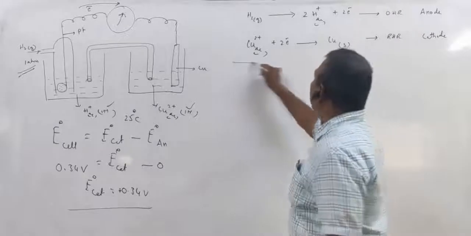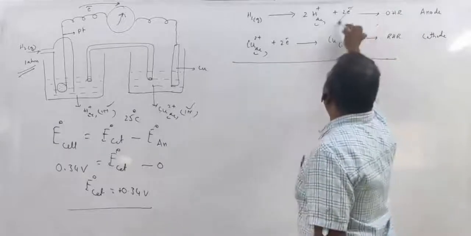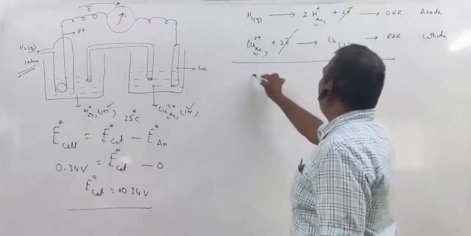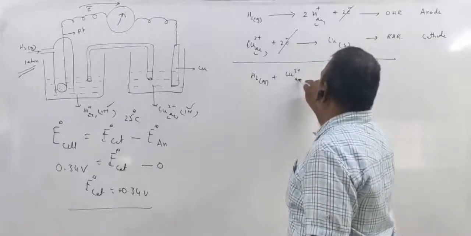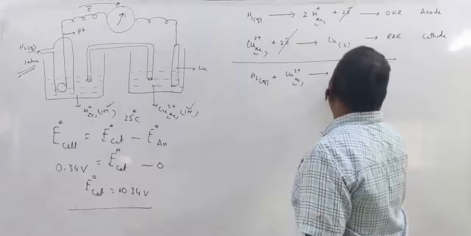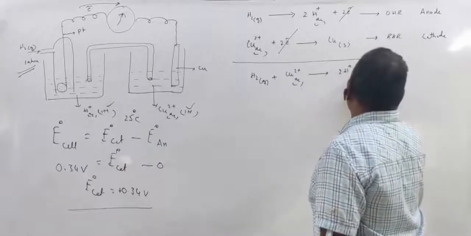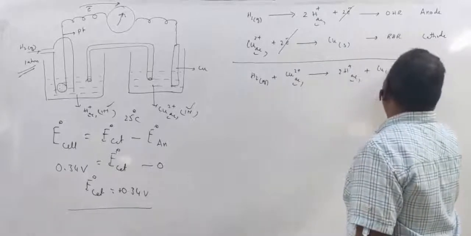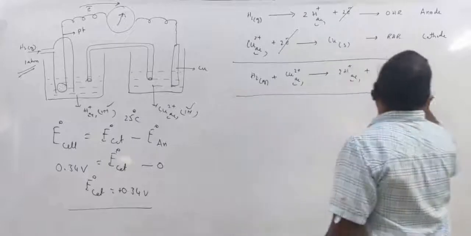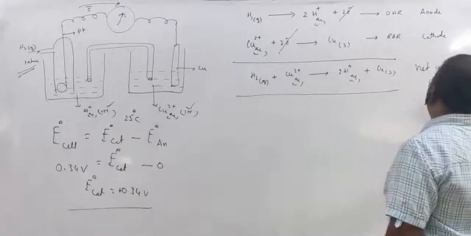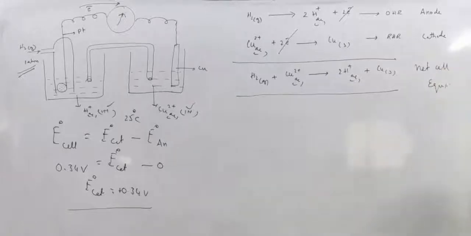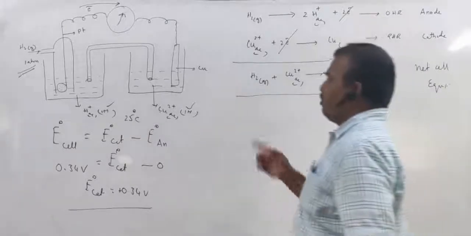Now, what is the net cell equation? Hydrogen gas and Cu2+ ions in the solution give rise to 2H+ ions plus Cu solid. This is the net cell equation. So how will you represent the cell?